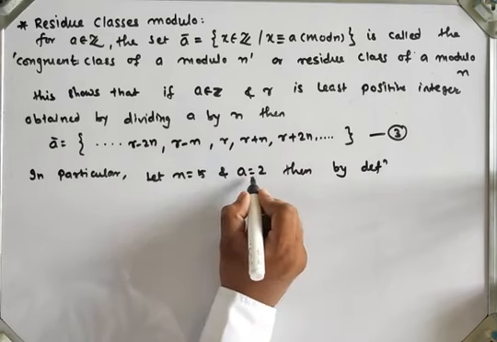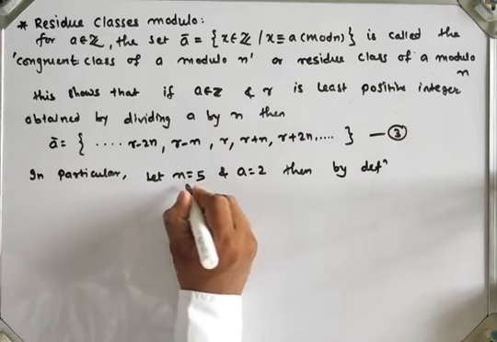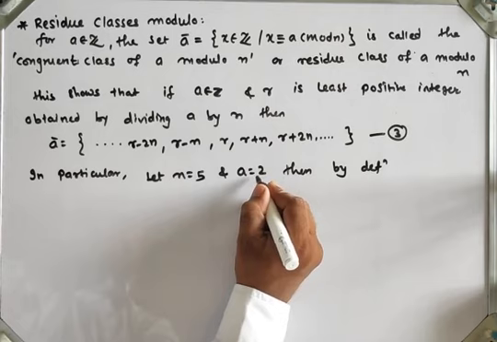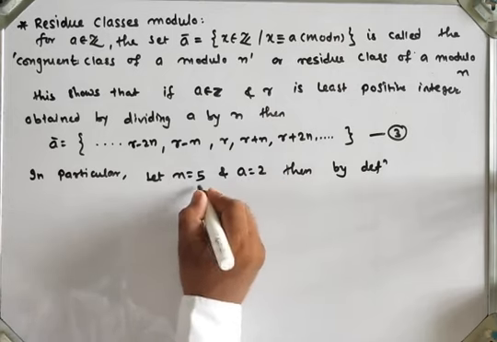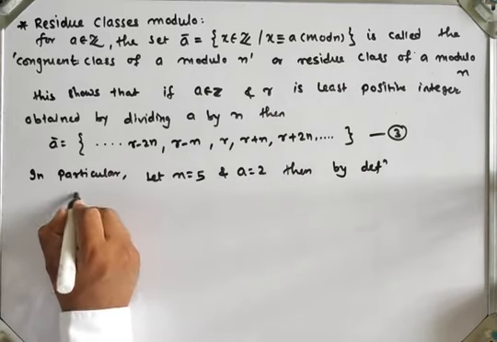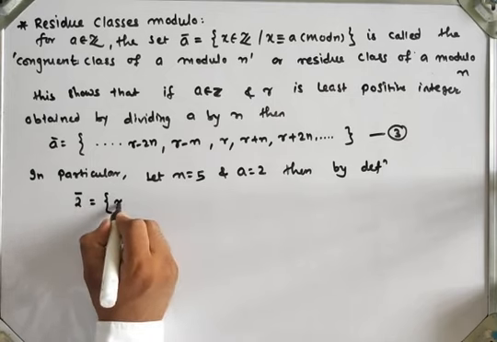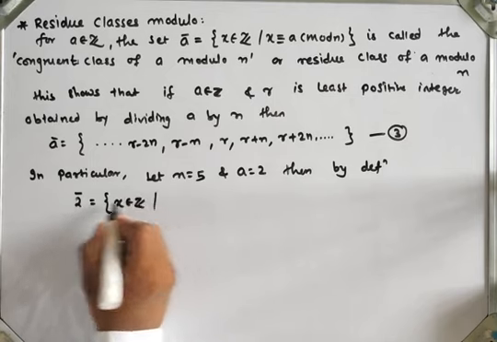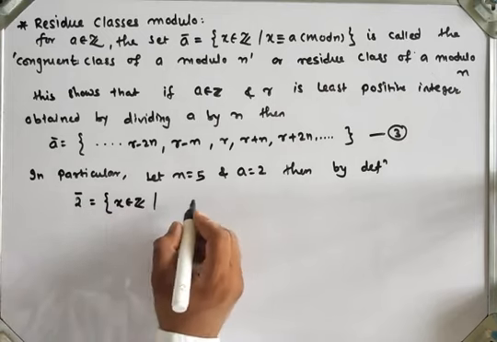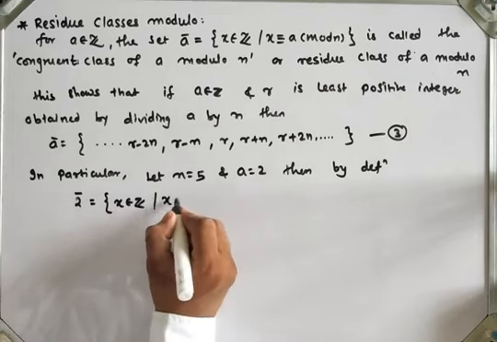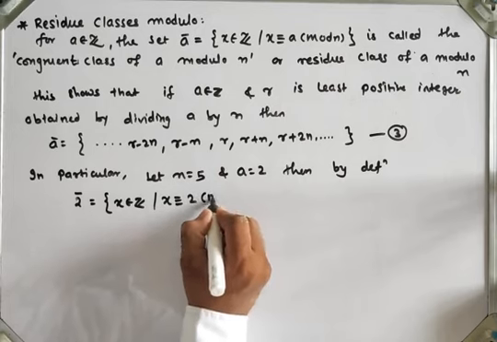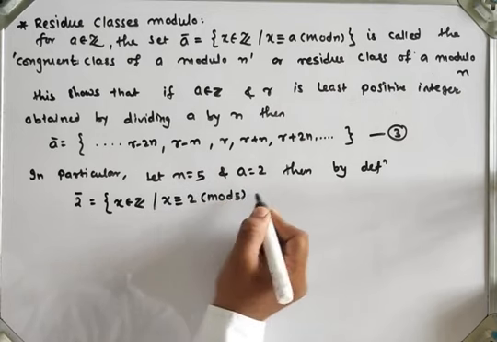So to find out the equivalence residue class of 2 modulo 5, 2 bar is equal to the set of all x belongs to the set of integers such that, by using the definition, 2 bar means here x is congruent to 2 modulo 5, right?